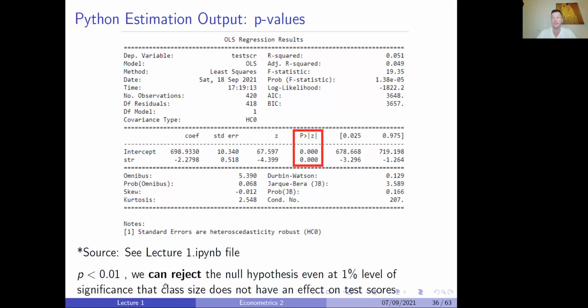So the class size definitely has an effect on the educational output, on the test score. And there is a strong, significant statistical relationship between these two values. And we can claim this based on the p-values.